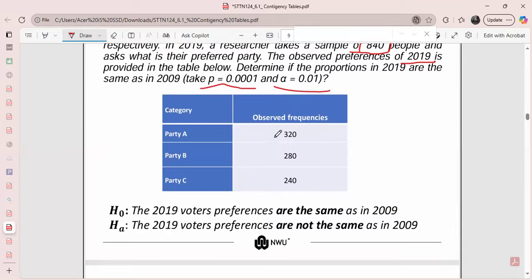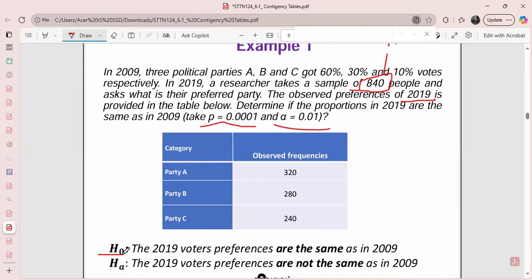But okay, let's look at this one. So here, H0, remember we said that the proportions are the same. HA, the alternative, the proportions are not the same. So here we look at the scenario: in 2019, a researcher takes a sample of 840 people and asks what is the preferred party.